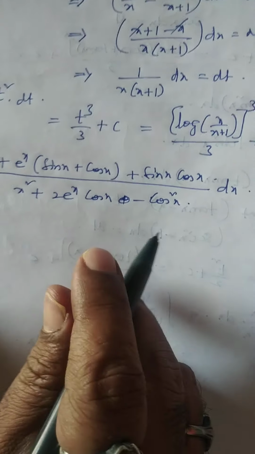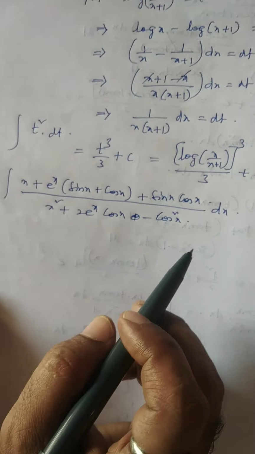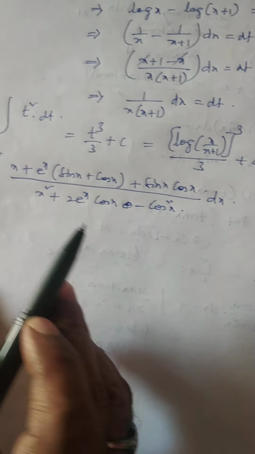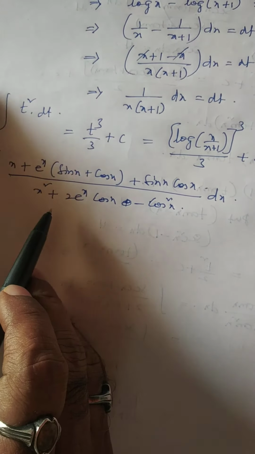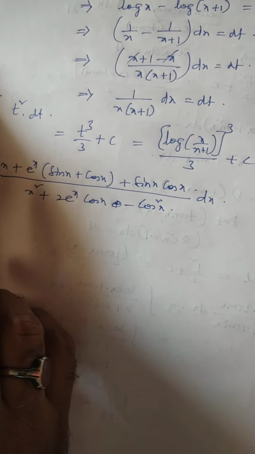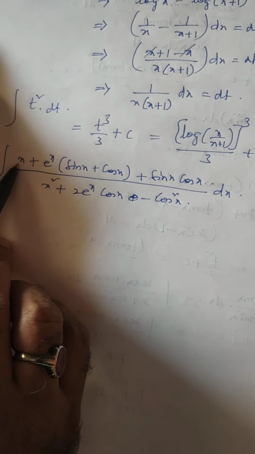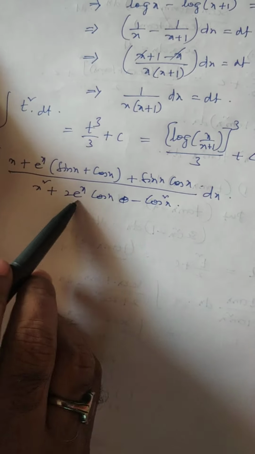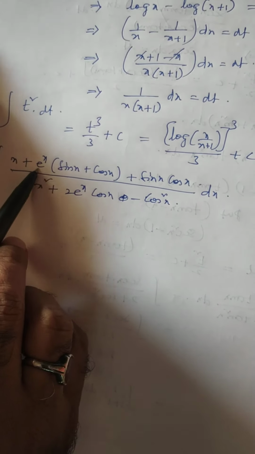So if you observe here clearly, the problem is very big, but don't get confused. Observe the numerator and denominator carefully. X square derivative is 2x. We need 2 here. 2 e power x into cos x derivative is this one only. Again we need 2 here.